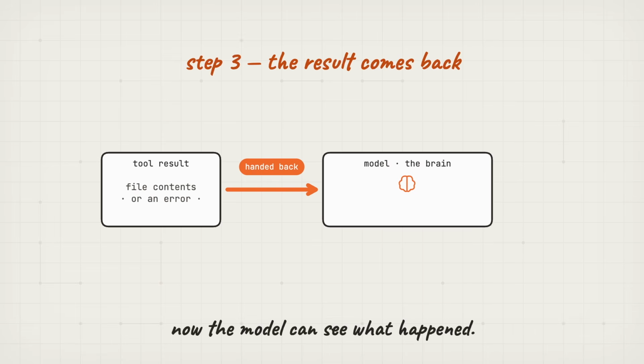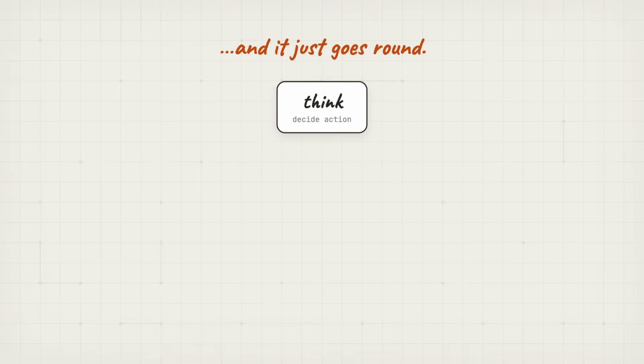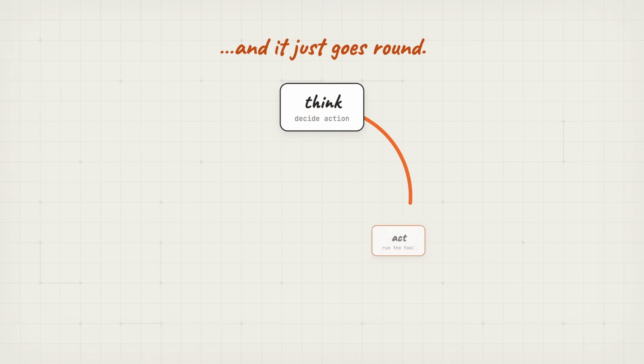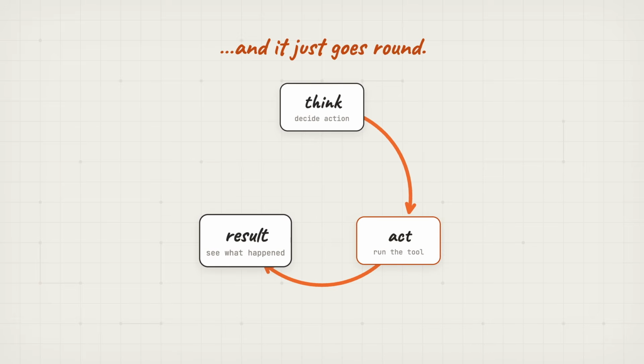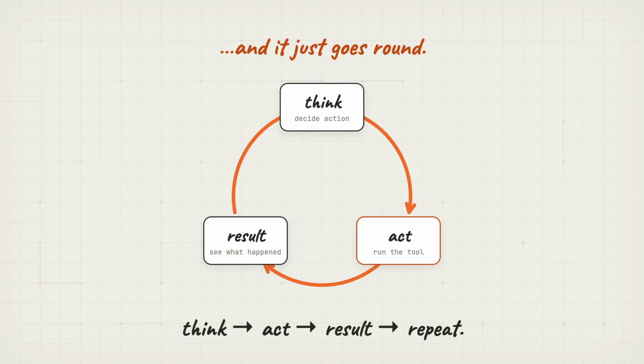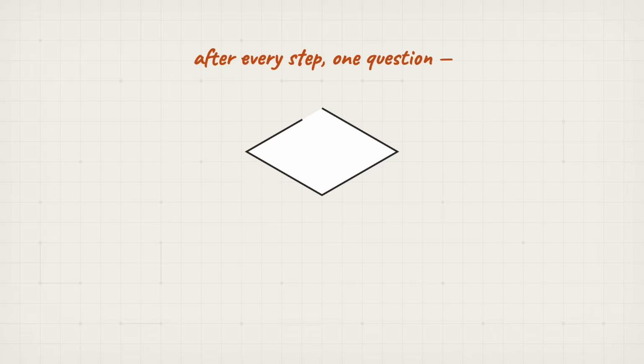And now the same thing repeats. The model looks at this new information, it decides the next action, the harness performs that action, and the result comes back again. And this keeps going round and round. Now you might be wondering, why does it keep repeating like this? The reason is that after every single step, the harness asks one simple question. Is the job done yet?